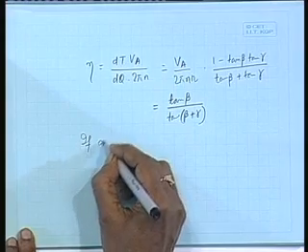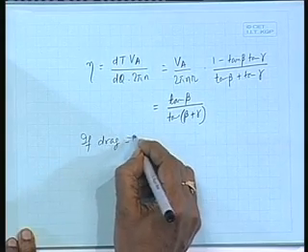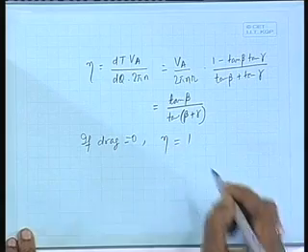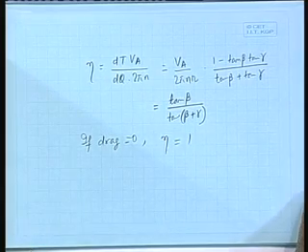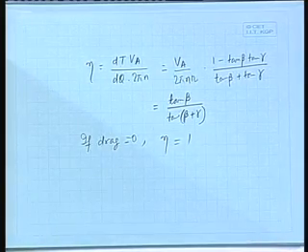So, that means if drag is 0, efficiency equals 1, which is quite in contravention to what we have seen in our previous lecture. We had said that efficiency will never be equal to 1, it will always be less than 1.